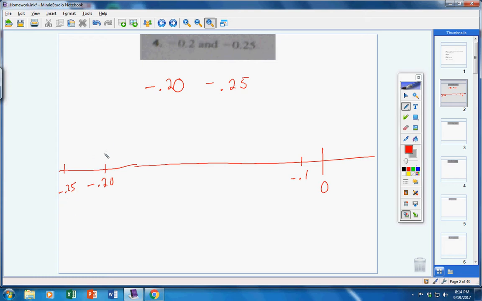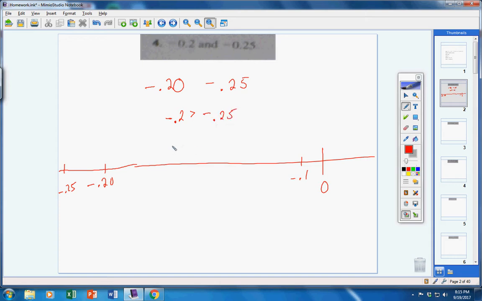So, you do not have to use a number line if you don't want to, but if it helps you, that's fine. So look, guys, the number further to the right is always bigger. So negative 0.2 is greater than negative 0.25.